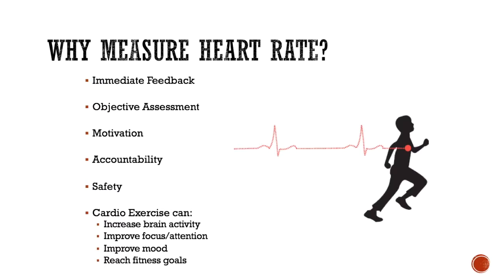If our transitions were bad, if I gave really long instructions, if I kept stopping them and interrupting play to tell them things, these things are not going to allow students to be in their moderate to vigorous physical activity zone. So making sure that you're not only holding your students accountable, but that you reflect on that lesson as a teacher and try to hold yourself accountable, that's really important. Heart rate monitors can be used for safety as well.